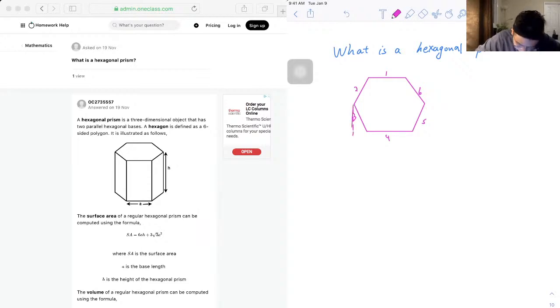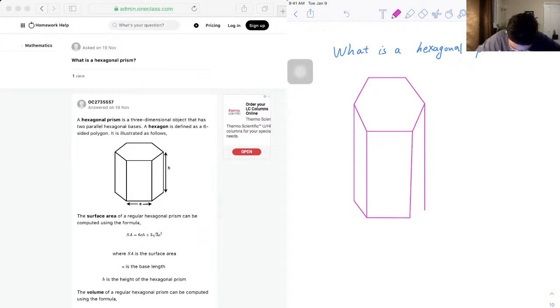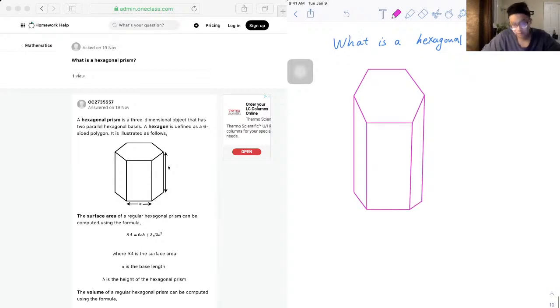I'll erase the numbers in order to better draw this graph. It should look something like this.